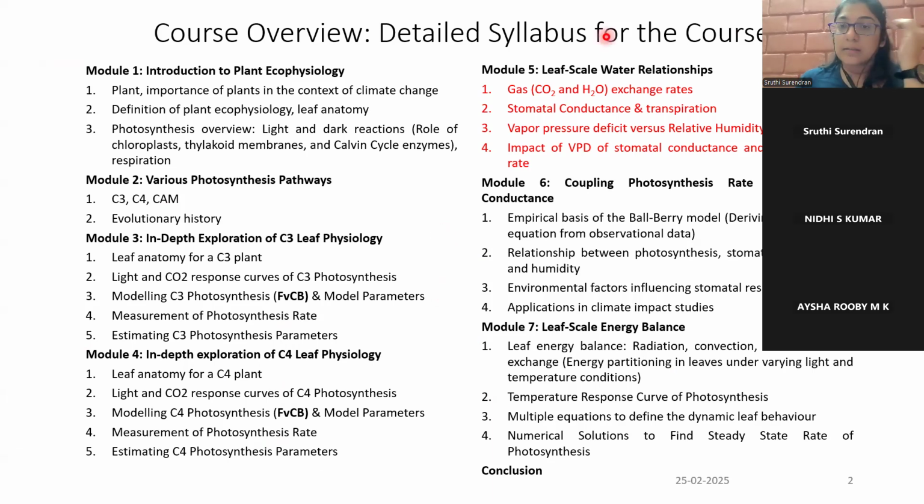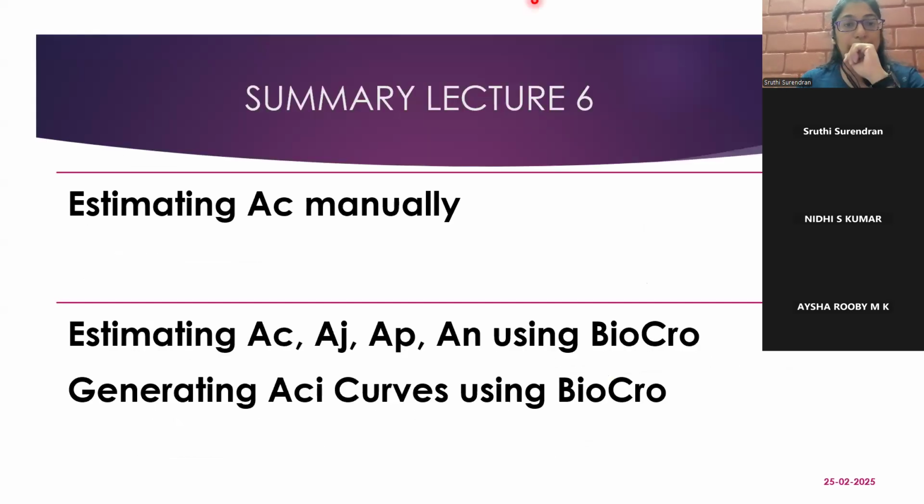In C3 plants, we have learned the gas exchange relationships for photosynthesis. Now we'll have to learn about the other gas exchange phenomenon that happens between the leaf and the atmosphere. So today I'll be starting with that part of the lecture series.